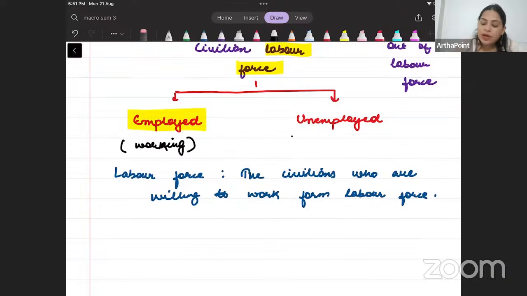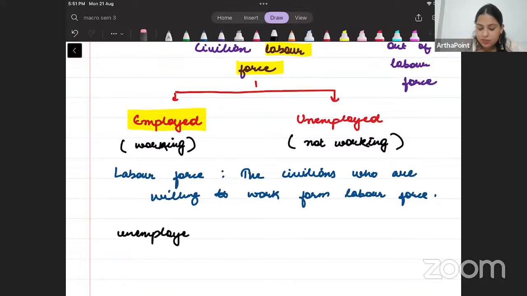And who are unemployed? People who are not working, but they want to work. They are looking out for job. So I want to define unemployed as those people who are willing to work.